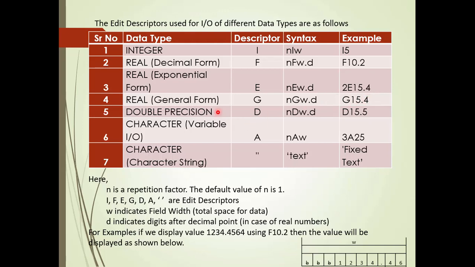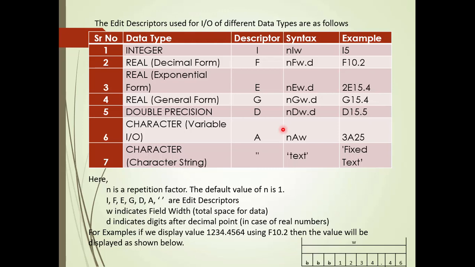Then double precision, this is D, and the syntax is nDw.d, where n is again the repetition factor, by default considered as 1. For example D15.5 means 15 width and 5 digits after the decimal. Then for a character variable, the descriptor is A and the syntax is nAw.